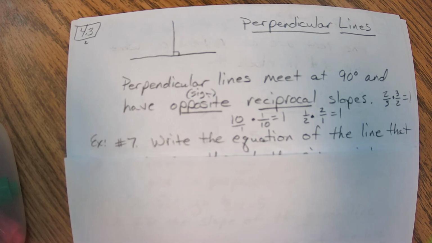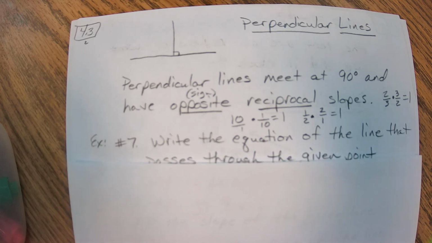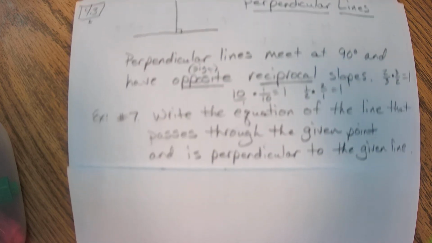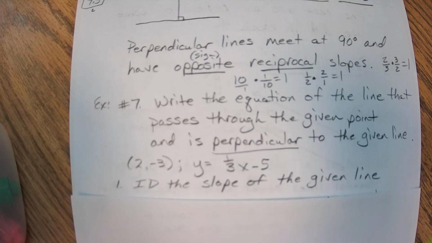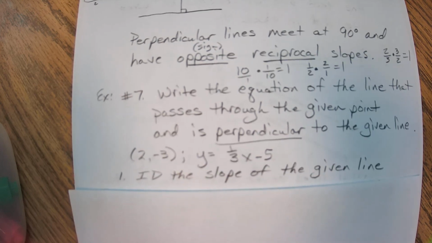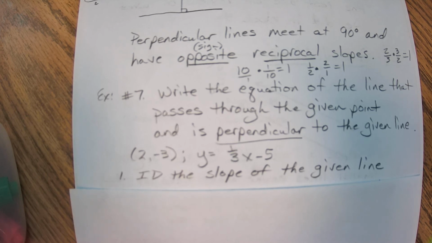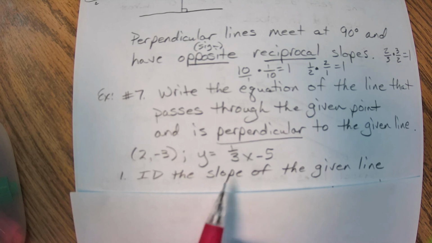Okay, so this next set that you'll be working on is write the equation of the line that passes through a given point and is perpendicular to the given line. So this time, the number one step in that process of writing the equation of a line is always to find the slope, right? Well, I know that the slope of my given line is 1/3.